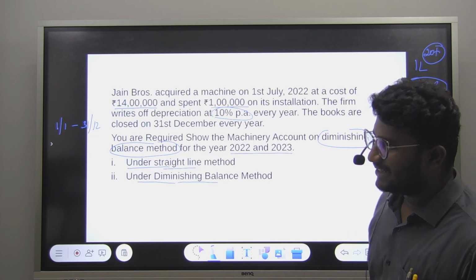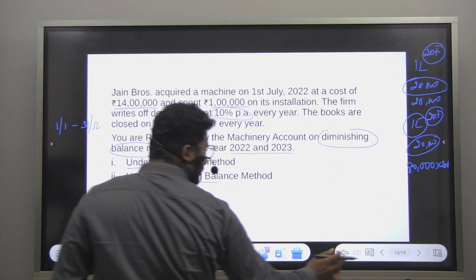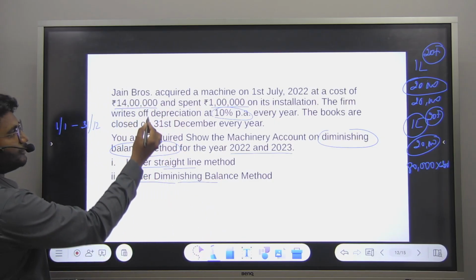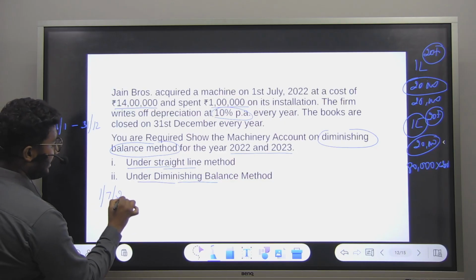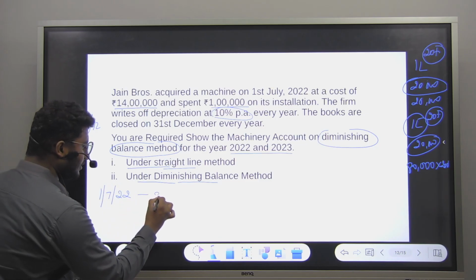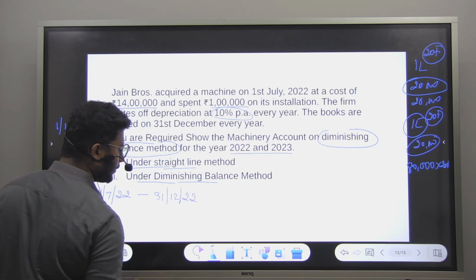Okay, so first let us write the journal entry. How do you write the journal entry? Okay, so when it was purchased, 1st July 22. So the year end is 31st December 22.